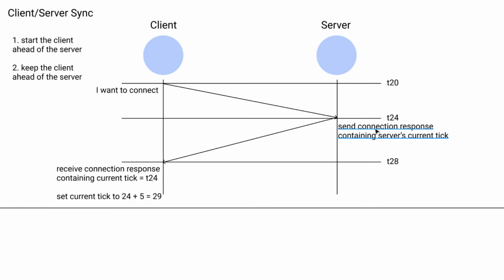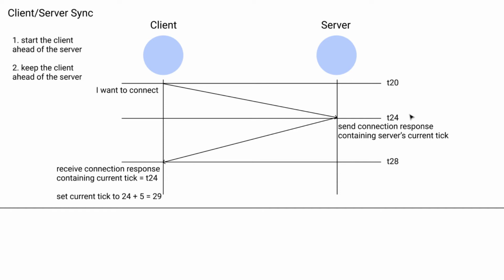So if the server's on tick 24, anything earlier than tick 24 would be bad because the server can't process it. Tick 24 itself would be just in time, so that's maybe fine. Tick 25 and 26, those are kind of the sweet spot. That's enough room where if the network conditions change a little bit, we won't have to drop a message on the server side. So +1, +2, +3 is around where we want to keep messages.